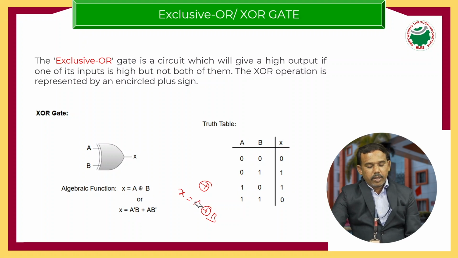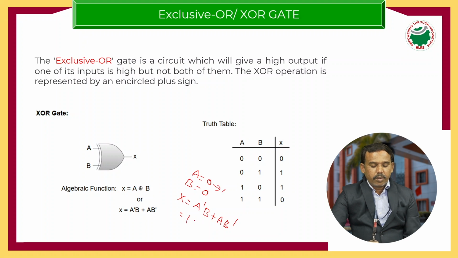Now see the truth table for exclusive OR. A equal to 0, B equal to 0, x equal to A complement B plus A B complement. So A is 0, the complement is 1, so 1 into 0 plus 0 into the complement of B which is 1, so 0 plus 0 equal to 0.